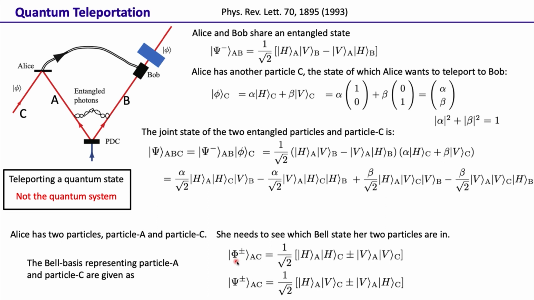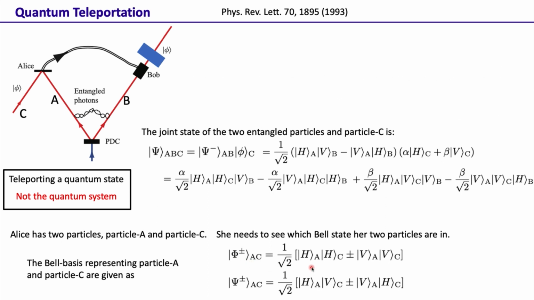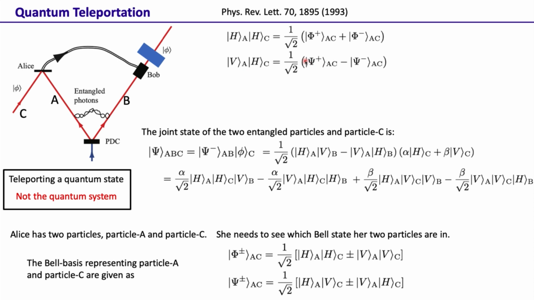And now if that's the joint state, then one can write HH, VV and so on in terms of phi plus minus and psi plus minus. We can just invert these four equations, and it can easily be shown that HH is equal to 1 over root 2 (phi plus plus phi minus), VH is equal to 1 over root 2 (psi plus minus psi minus), HV is 1 over root 2 (psi plus plus psi minus), and VV is equal to 1 over root 2 (phi plus minus phi minus).